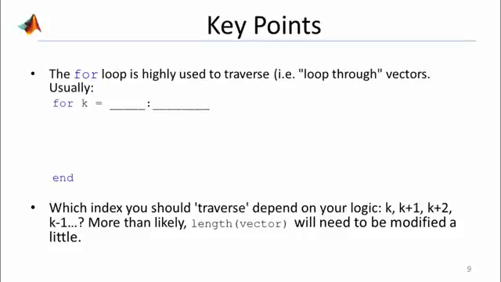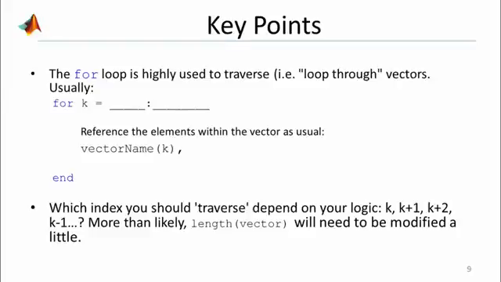The start point and the ending point, as you have seen, can evolve rapidly. It really depends on the logic and what you're trying to do. Which k's can you use, and that's as easy as it gets. Look at the k's, try to never hit k equals 0, and never go past the length. Inside the loop, reference the element within the vector as usual. So I had my vector's name as y's, so I have ys, and then the little k variable because that's my control variable. But that was another example.